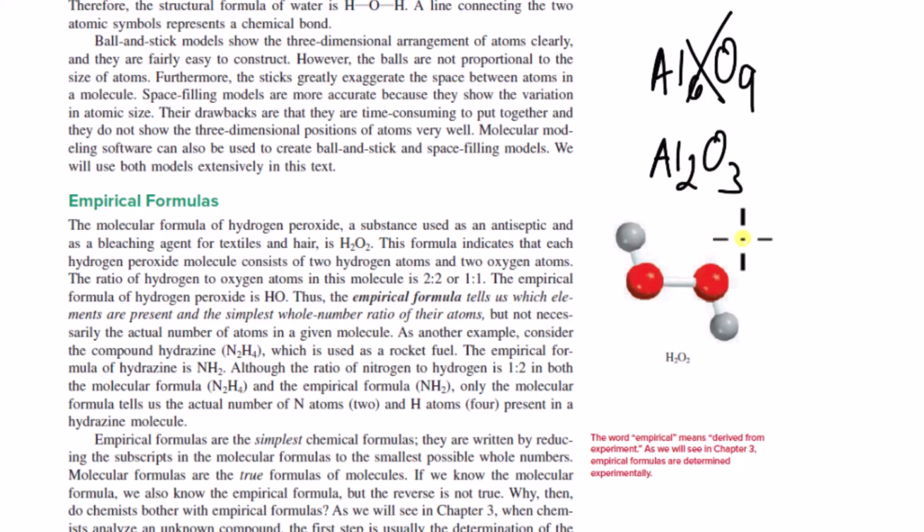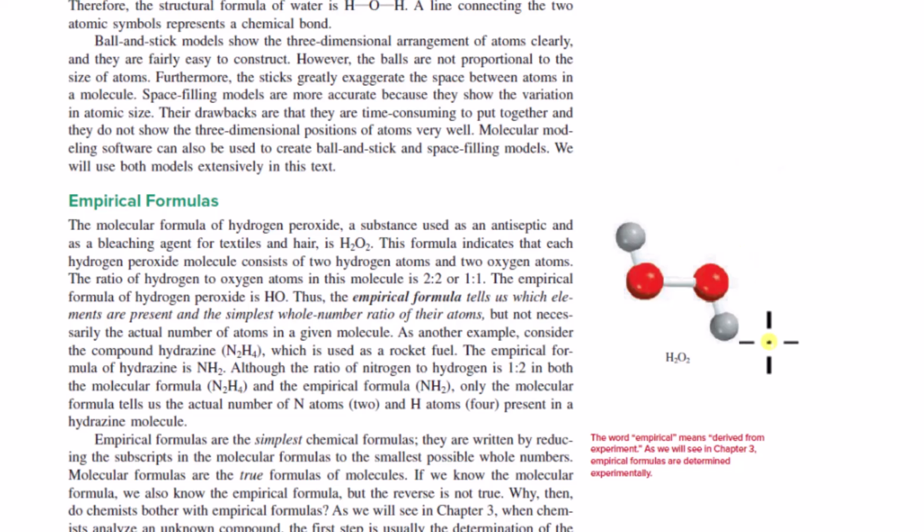So the empirical formula makes sense to be used for these non-molecular substances. But why are we even talking about the empirical formula in relation to molecular substances? Why wouldn't you just say H2O2 instead of HO? Because H2O2 also tells you there's 1 part hydrogen to 1 part oxygen.